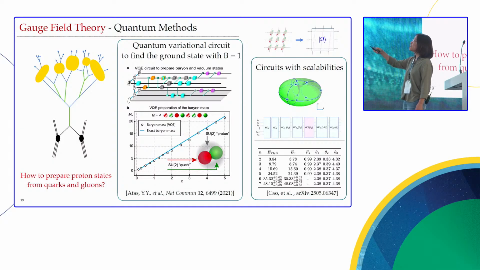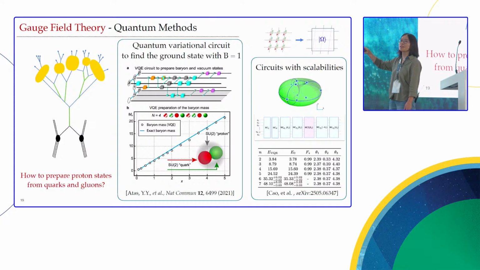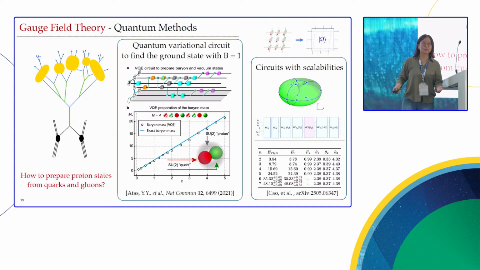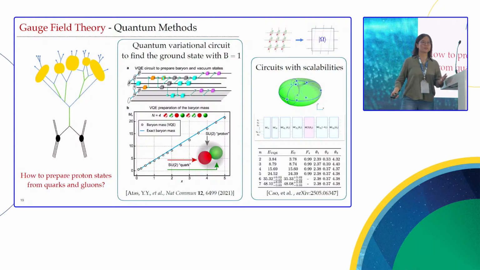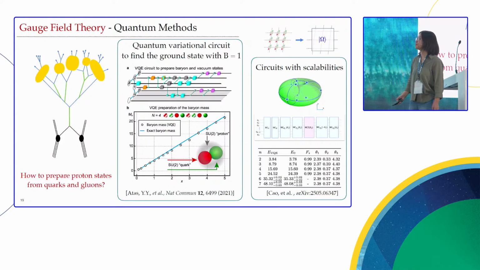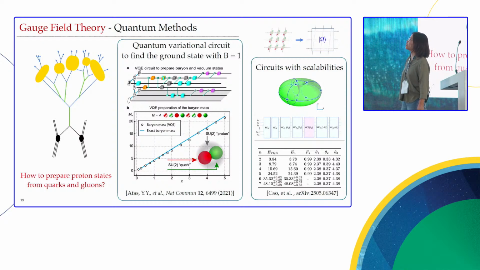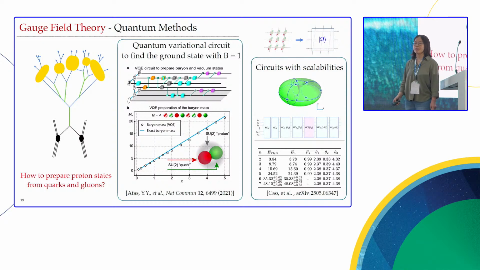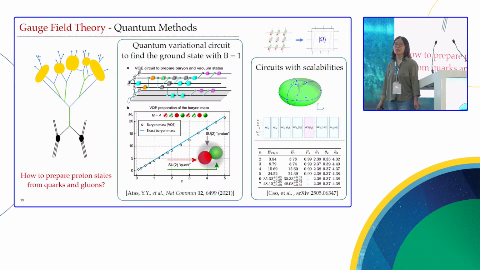However, given the development of quantum algorithms, there is this quantum variational circuit to find the ground state, because we can identify the proton state as a ground state with a certain baryon number equal to 1, right? So this is also a very valid method to prepare the ground state. And quite recently, we have developed this machine learning method to extend the circuit to larger systems.